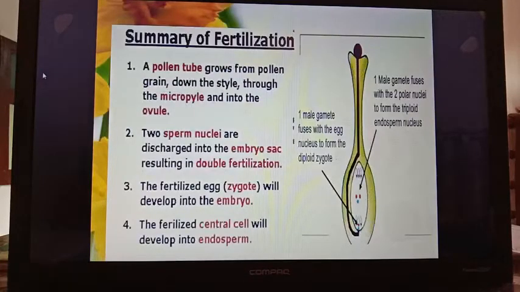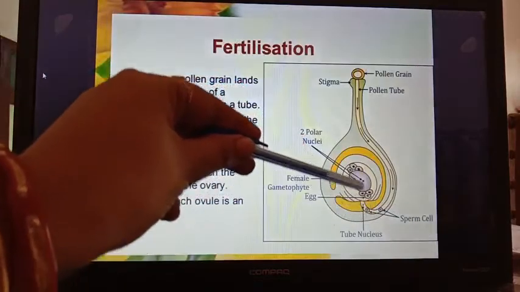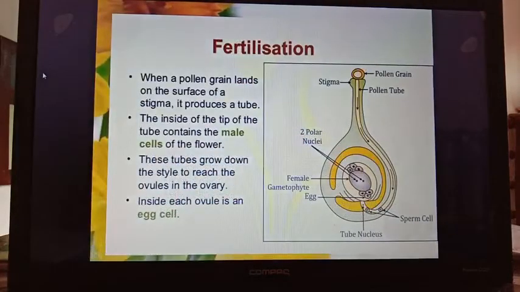Now here are the details of the fertilization. A pollen tube grows from the pollen grain down the style through the micropylar end into the ovule. Now two sperm nuclei enter the ovules through the micropylar end.